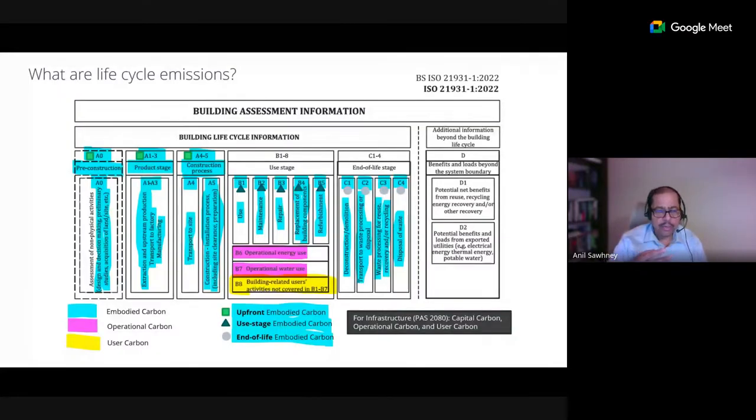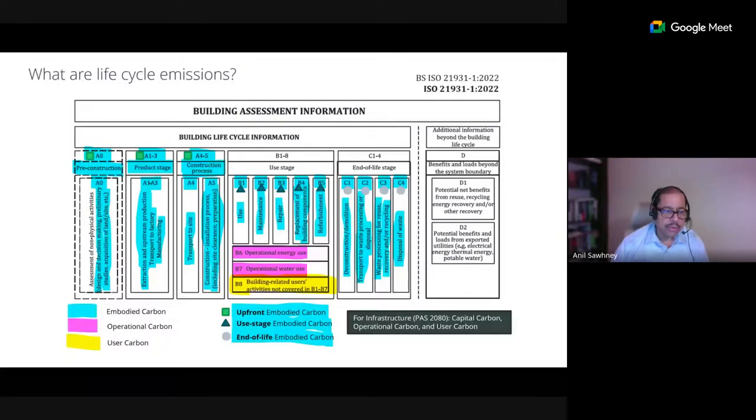So embodied carbon is further divided into 3 types: upfront, use stage, and end of life. So all the blue triangles that you see, B1, B2, B3, B4, B5, are all use stage embodied carbon. And then gray circles, C1, C2, C3, C4, are all end of life embodied carbon.